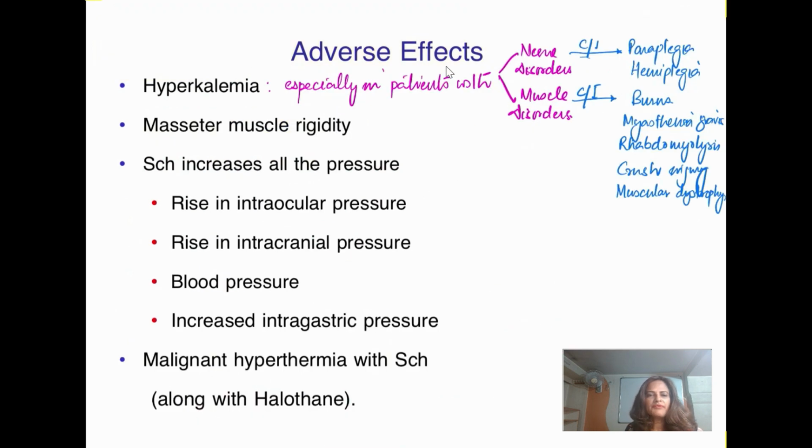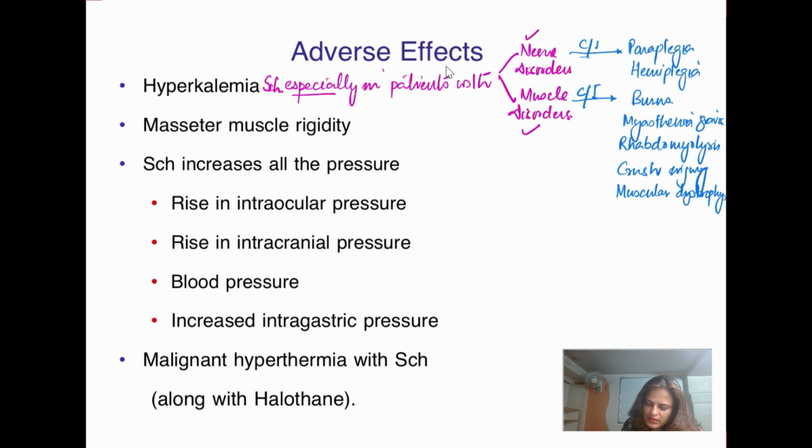Now another adverse effect is hyperkalemia. This is also seen with succinylcholine, especially if the patient has nerve disorders and muscle disorders. Here there is a release of intracellular potassium, so that leads to hyperkalemia.